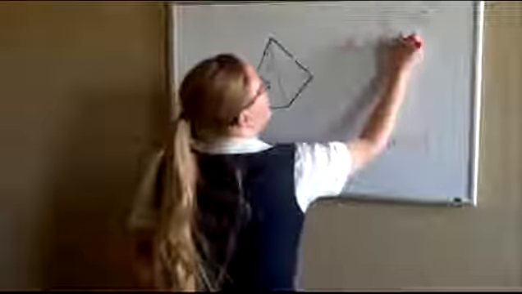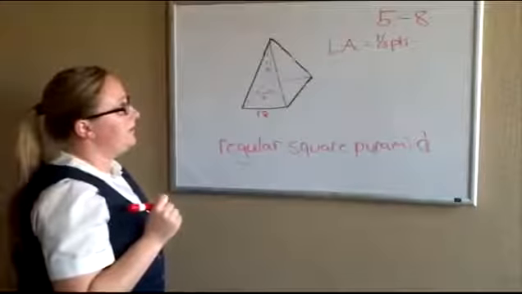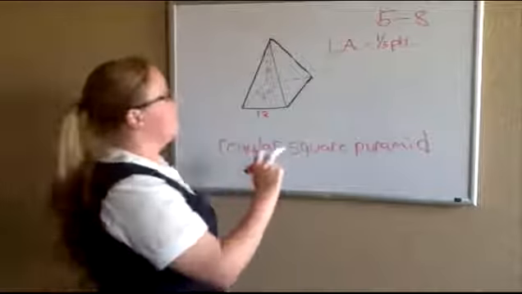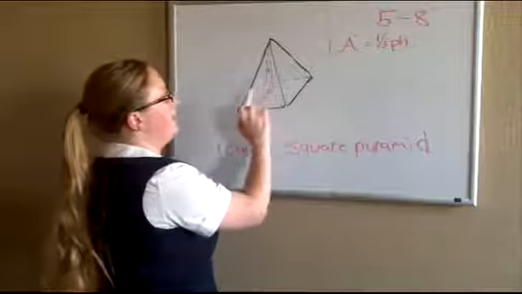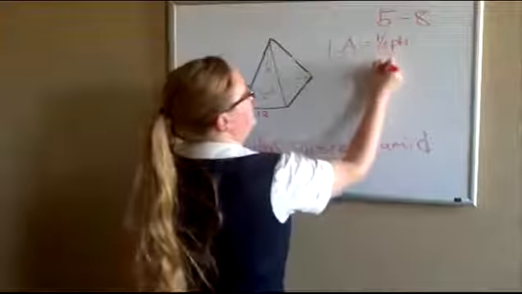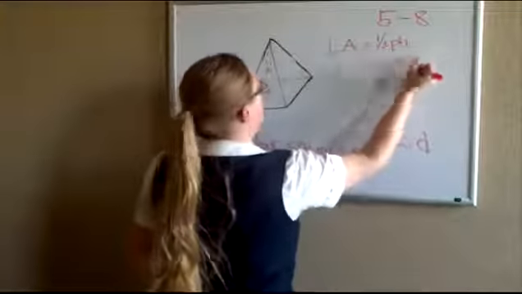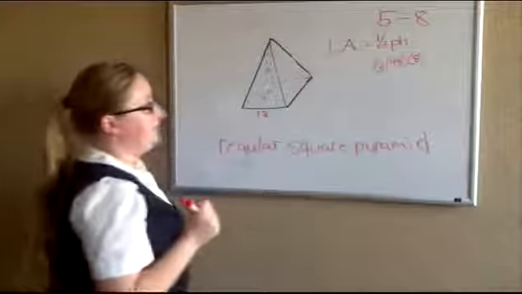The perimeter, it's a square, so you add 12, which is one side of the square, 4 times. 4 times 12 is 48. Times the slant height, which is 10.